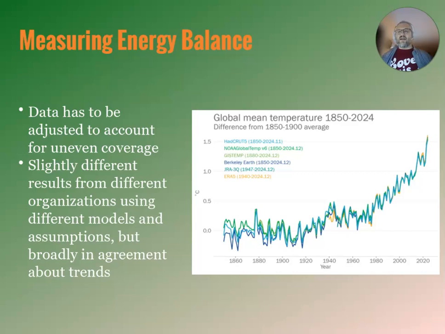They tend to agree on which years are a little warmer than previous ones, a little colder than previous ones. They just disagree a little bit about how much warmer or how much colder than usual some of these years are. So broadly in agreement about what's going on.